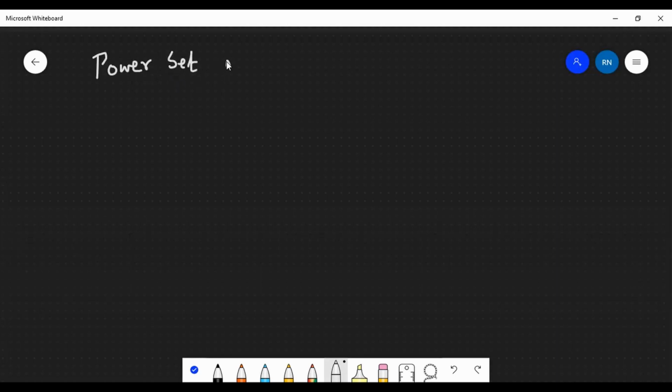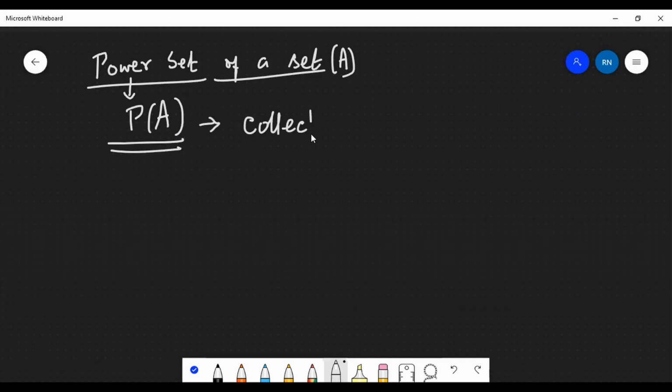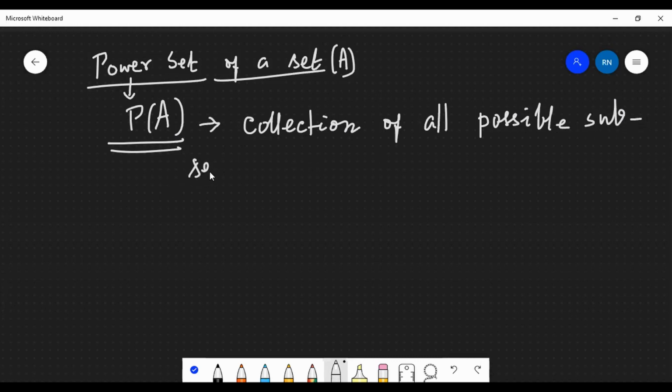The power set of a set, let it be A, is denoted by P of A. So please make note, the power set is a collection of all possible subsets of A.